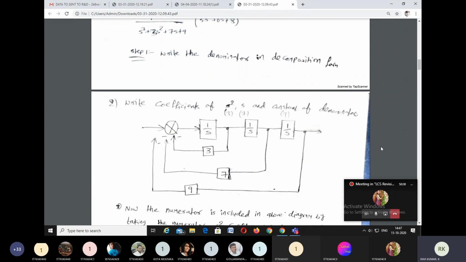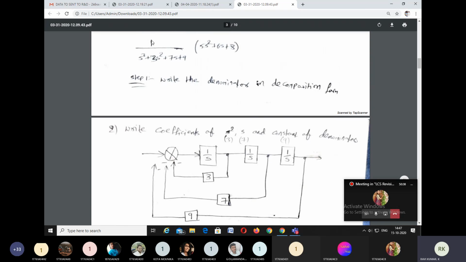If you solve this by using the block diagram reduction technique, you will get the output equal to 1 by s cube plus 3s square plus 7s plus 9. Now we have written the block diagram for 1 by s cube plus 3s square plus 7s plus 9. But along with this term, we have 5s square plus 6s plus 8 as a numerator, right?